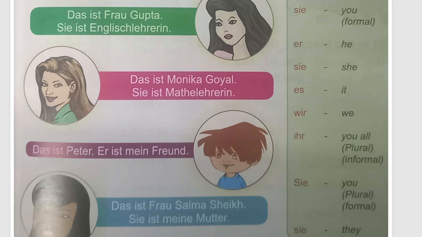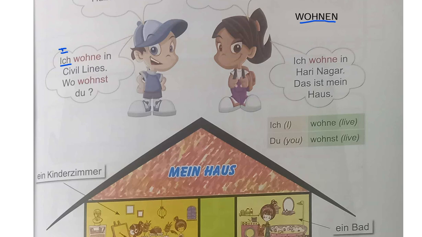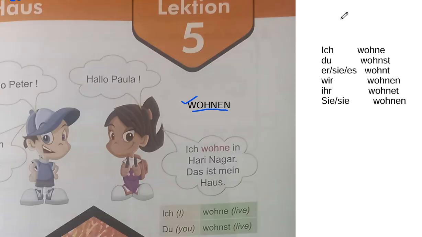We basically look at the conjugation. So, to sum it up, today we'll be learning about verb conjugation. What is verb conjugation? Let's take a verb, say wohnen. Wohnen means to live. Take a look at this table. This table is basically the extended form of the table in your book.